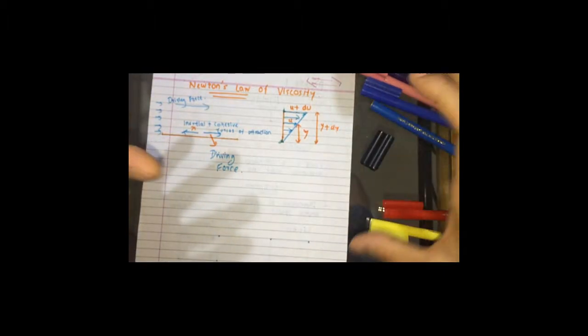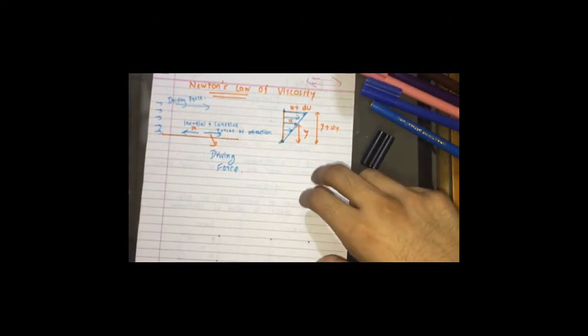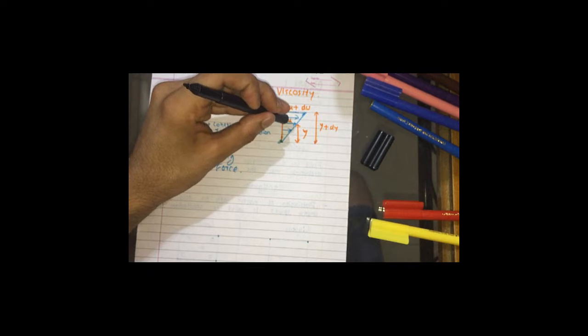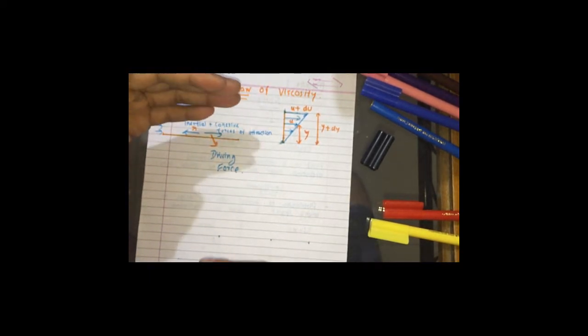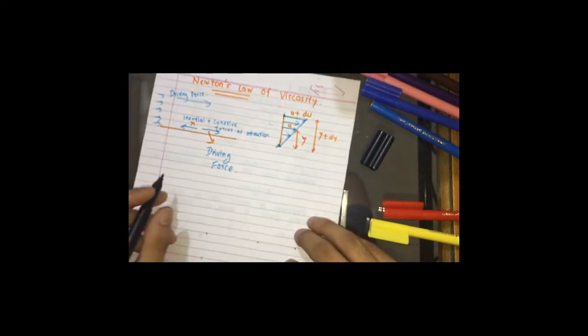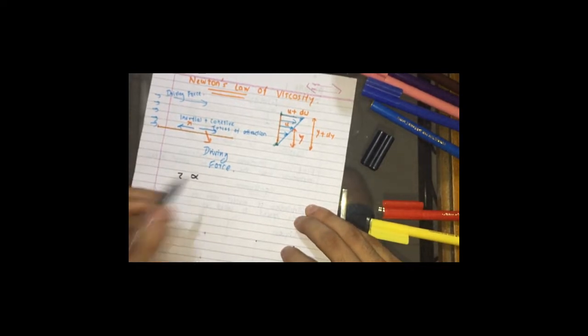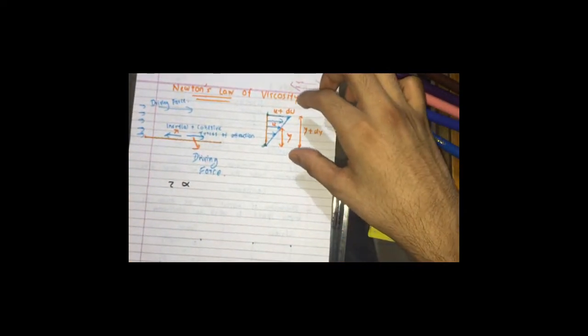So this leads to the shear stress between them. The concept of shear stress comes into the picture. Due to this, they both exert shear stress on each other, forcing them to move to its speed. So that shear stress is denoted by tau, and that is proportional to the difference in the speed between them.